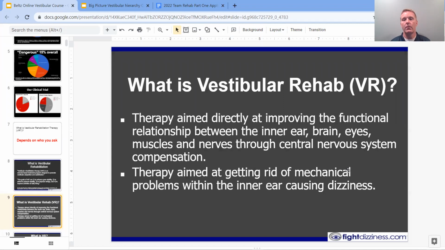What I like to say is that vestibular rehab is therapy that's aimed directly at improving the functional relationship between the inner ear, the brain, the eyes, the muscles and nerves, so the central nervous system, and through central nervous system compensation. It's also therapy aimed at getting rid of mechanical problems within the inner ear causing dizziness.